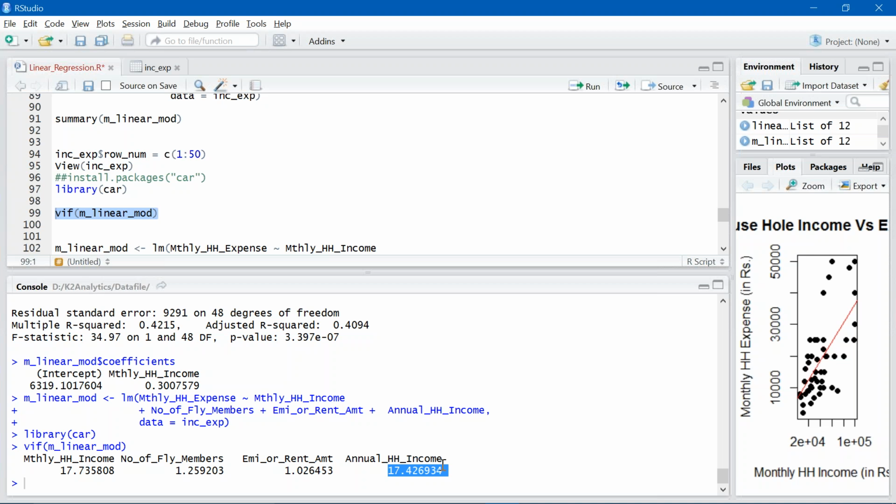Which to be dropped? Typically the variable which has got high VIF has to be dropped. However, in this case, I'll go with my business intuition. Because the target variable expense is at a monthly level, rather take monthly level income rather than annual level income. So I'll drop annual income.